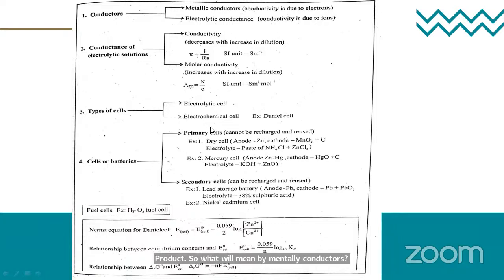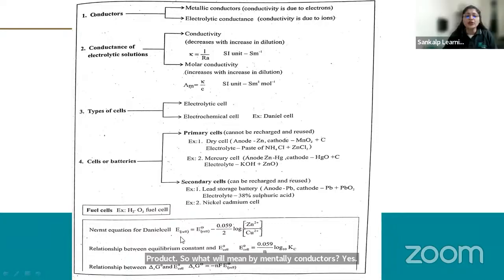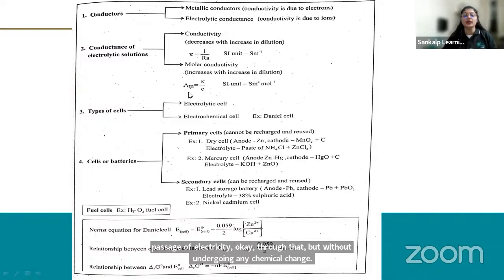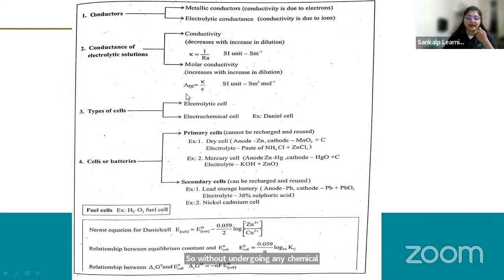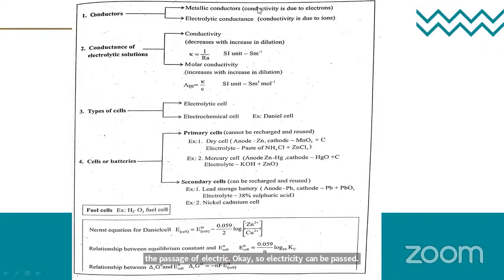Metallic conductors allow the passage of electricity through them without undergoing any chemical change. So electricity can be passed through these metallic substances.